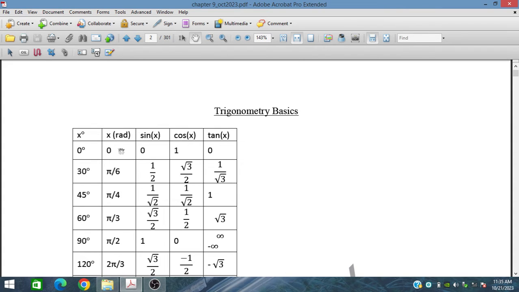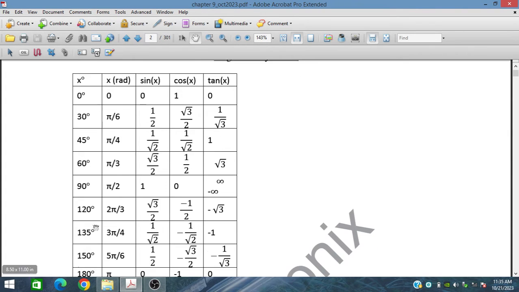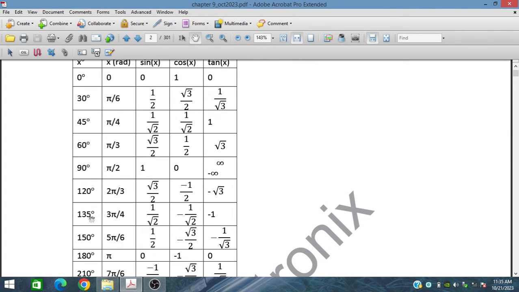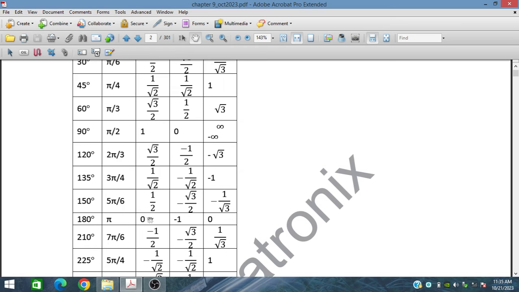So these are the corresponding sine values: 0 degrees is 0, 30 degrees is 1 over 2, 45 degrees is 1 over under root 2, 60 degrees is under root 3 by 2, 90 degrees is 1, 120 degrees is under root 3 by 2, 135 is 1 over under root 2, 150 is 1 over 2, 180 is 0.